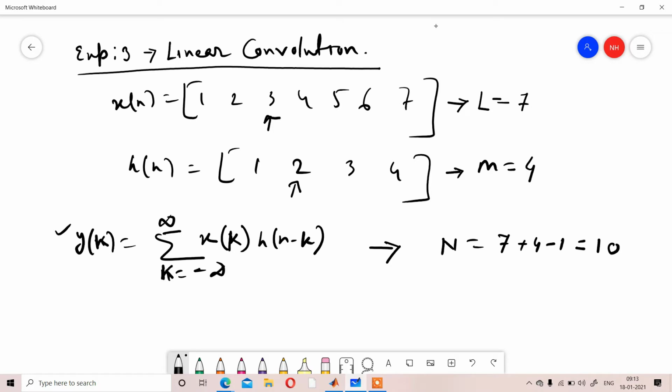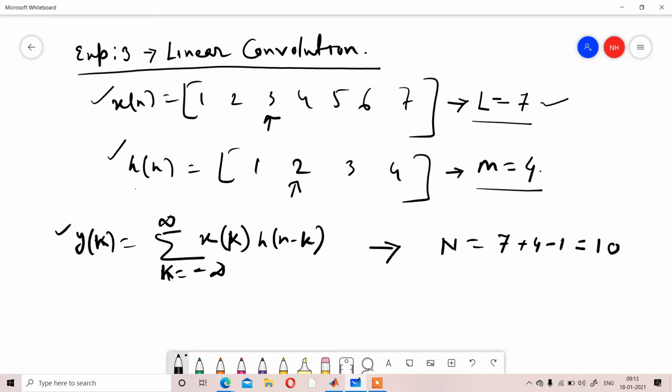So you have to write code that will ask what the length of the sequence should be, and obviously it will ask what the sequence is. So xn and its length will be asked, hn and its length will be asked.